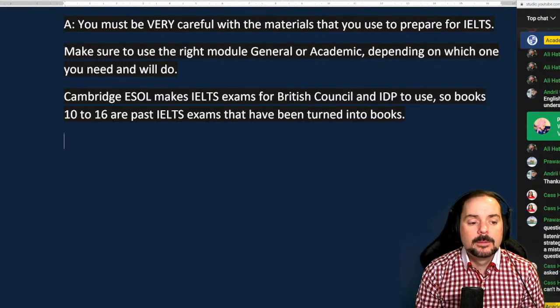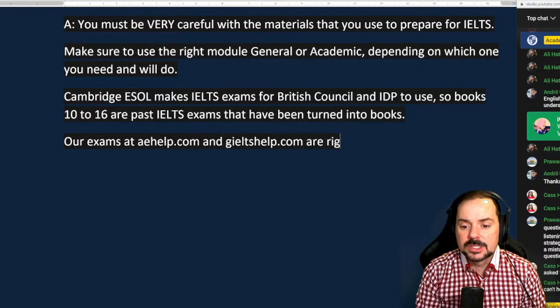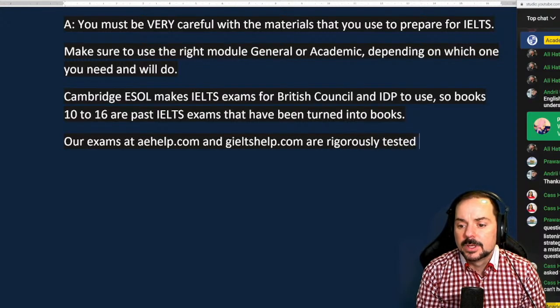Our exams at ahelp.com and gltshelp.com are rigorously tested to match these exams.